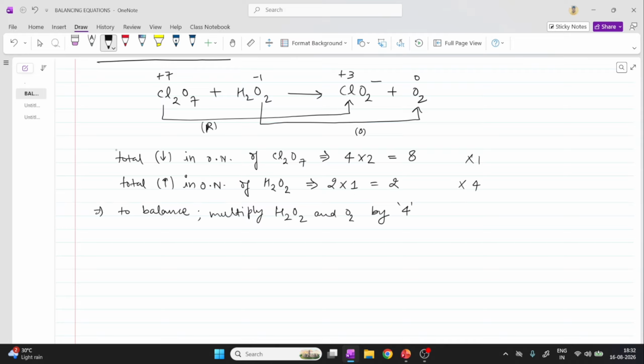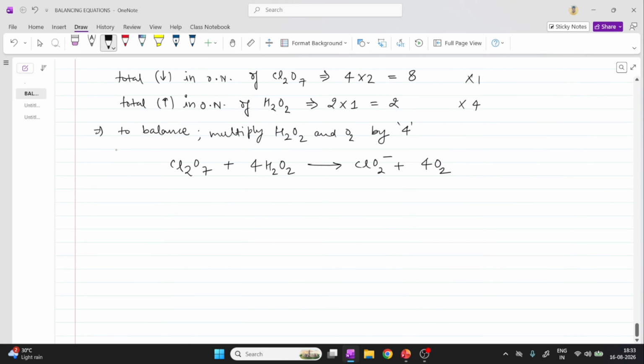So the final equation that we will have is Cl2O7 plus, if I multiply H2O2 by 4, so I have 4H2O2, and this gives ClO2 minus plus 4O2. So this is the equation I have after cross multiplying the oxidation state.